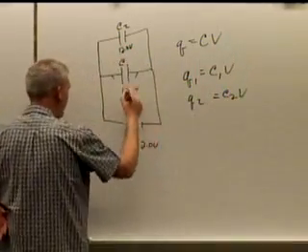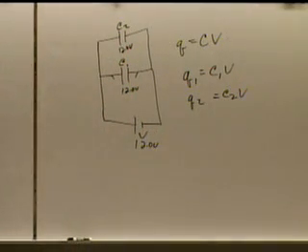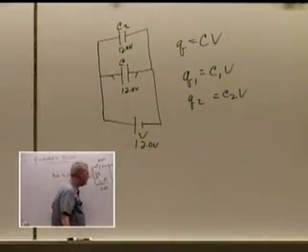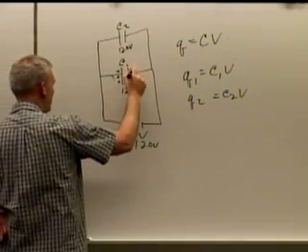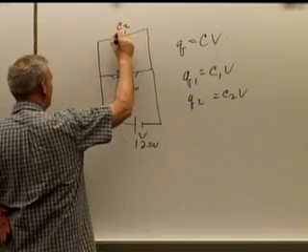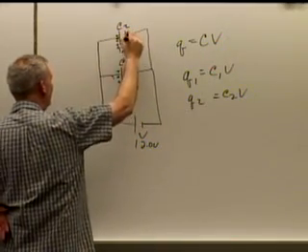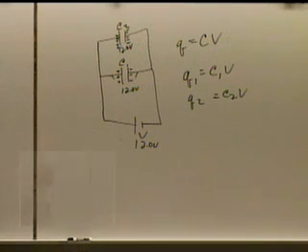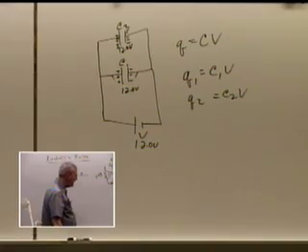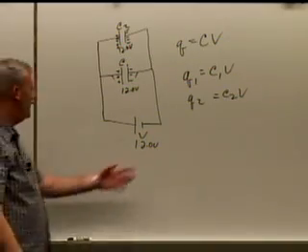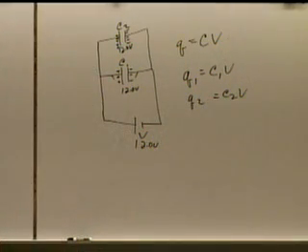Notice the V is the same in both of these, whatever the voltage is. But since the capacitance is different, the charge stored on them will be different. Let's put 5 on this guy, a little bit. So the capacitance is bigger. If C2 is bigger, then I can put more charge up there.